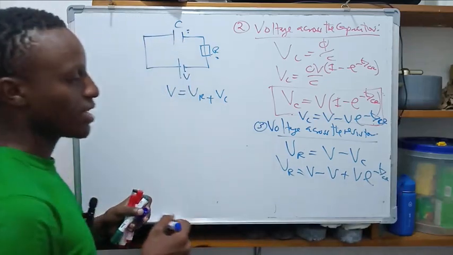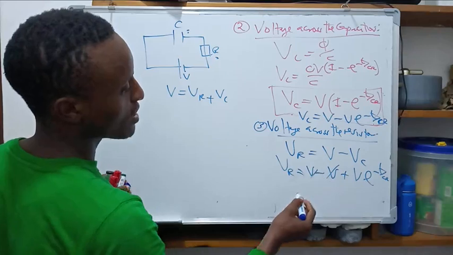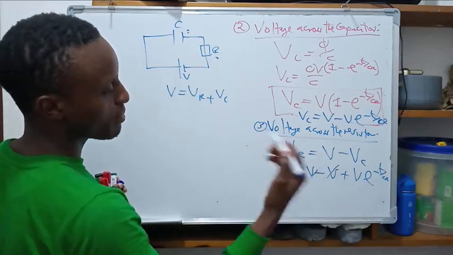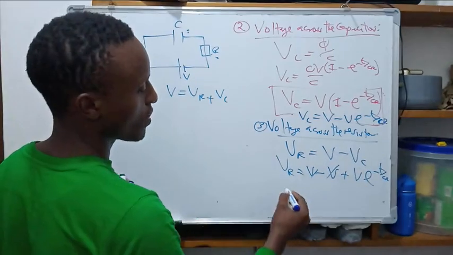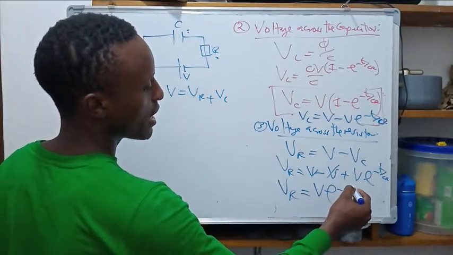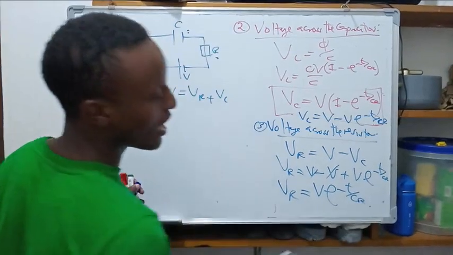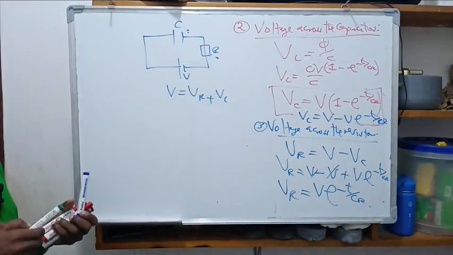This one and this one cancel, while this one becomes plus. So the voltage across the resistor is just equal to V e to the negative t over CR. That is the voltage across the resistor.